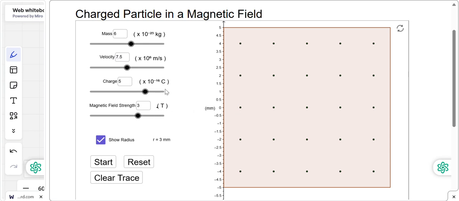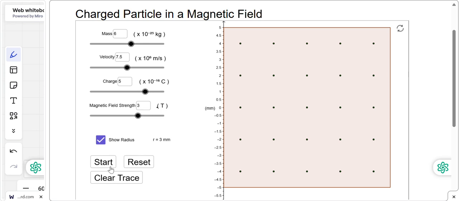Velocity with which it is injected would be 7.5 times 10 to the power 6 meter per second, and the charge is 5 times 10 to the power minus 16 coulomb. It is to be noted that the charge is positive. It's a positively charged particle, and the magnetic field strength is 3 Tesla.